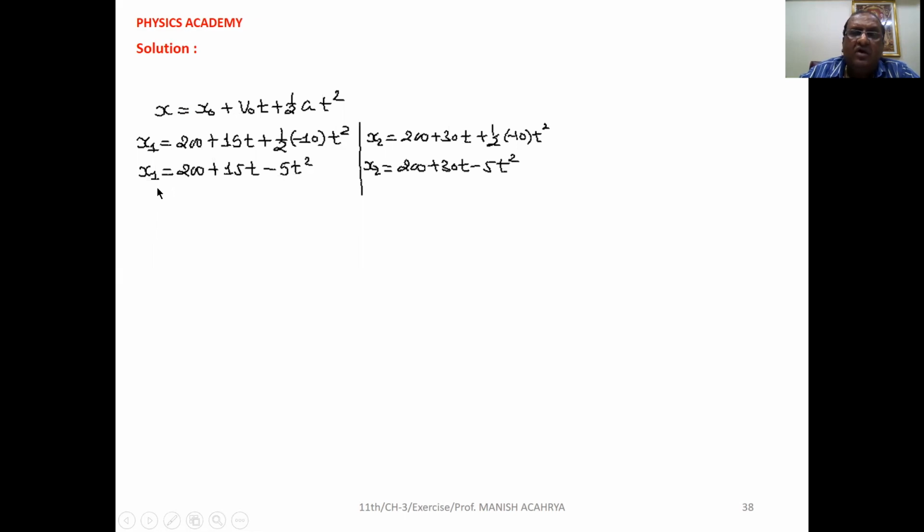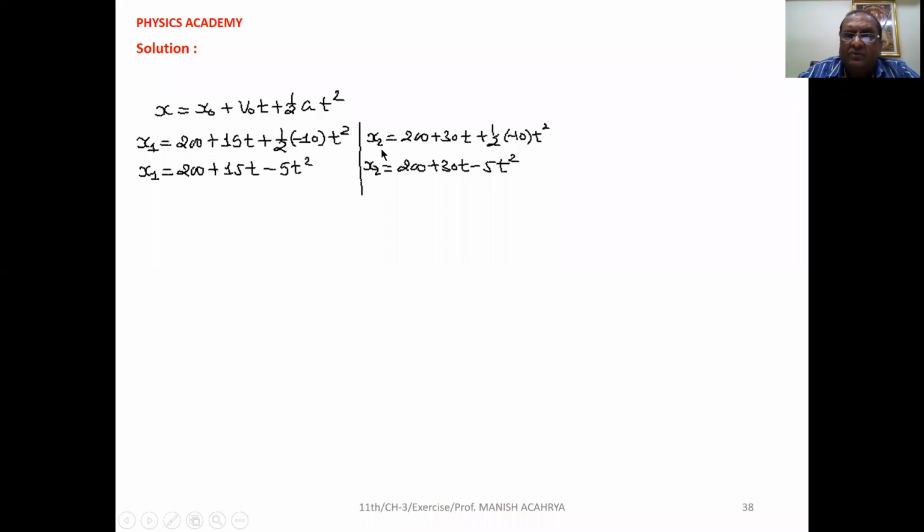So the position of the first stone at any time t can be given by the equation x1 equal to 200 plus 15t minus 5t square. Clear up to this one?